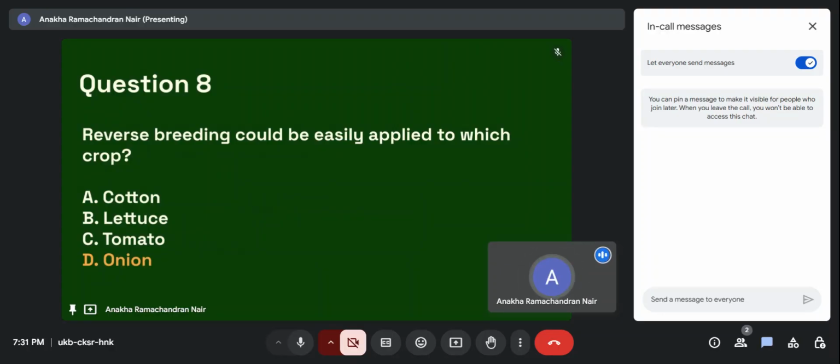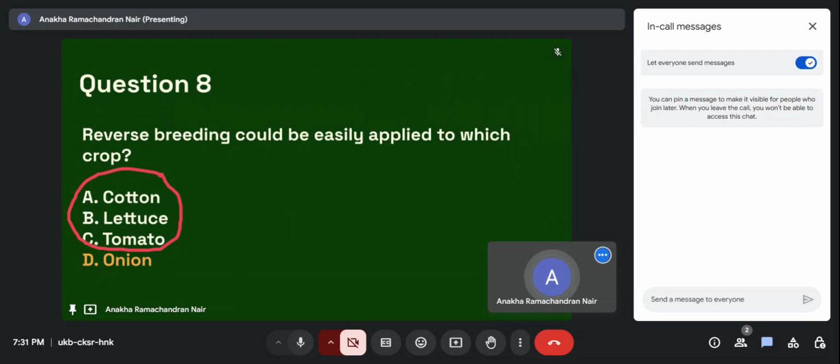So the reason onion is the correct answer is because cotton, lettuce, and tomato are not. This is because double haploid plants are a very rare occurrence in these three plants. So it's very difficult to form double haploid plants in these. So it is not easy to perform reverse breeding because reverse breeding requires the formation of double haploids, right?